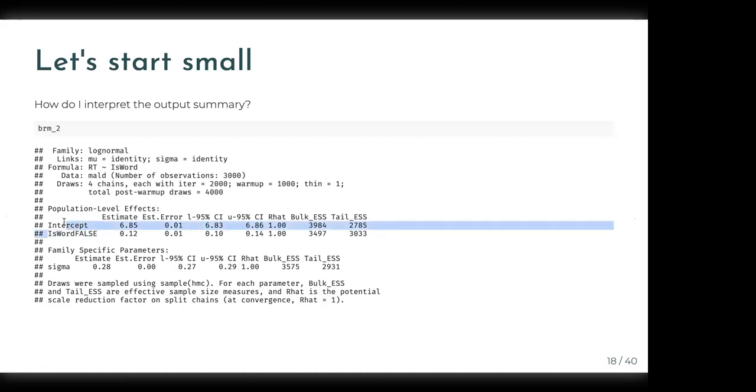So the intercept is the reaction times when the word is a real word. What happens when the word is not a real word? You actually increase the reaction times, and according to the credible intervals, you increase it by a value that is between 0.1 and 0.14 at 95% probability.